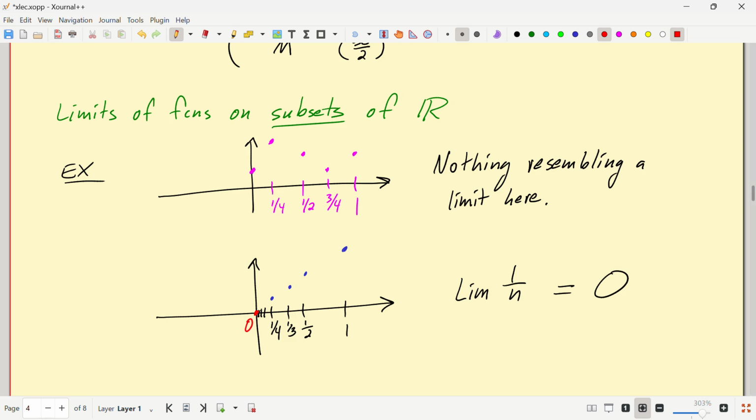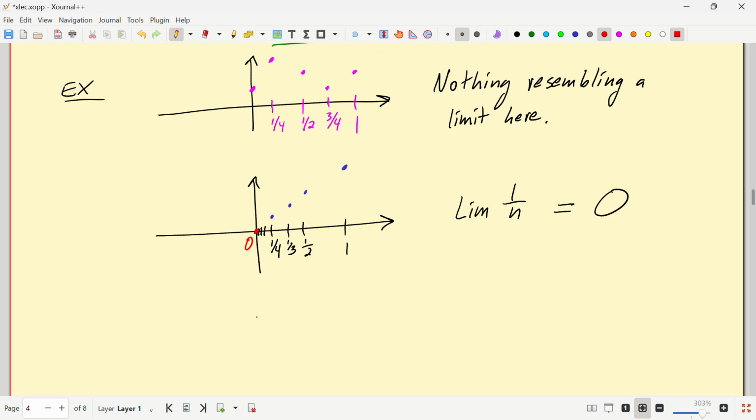There's a word for that. The things are piling up. The 1 over n's are piling up. This is not a mathematical term. At x equals 0. There's a fancy mathematical word for that.